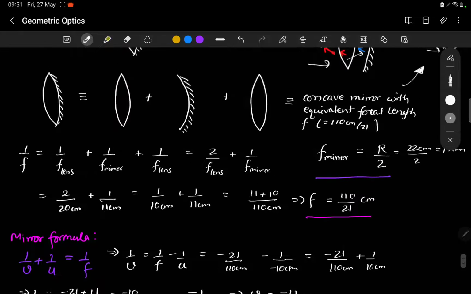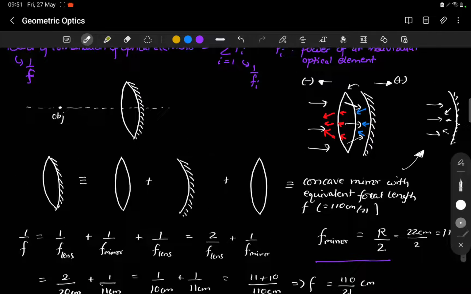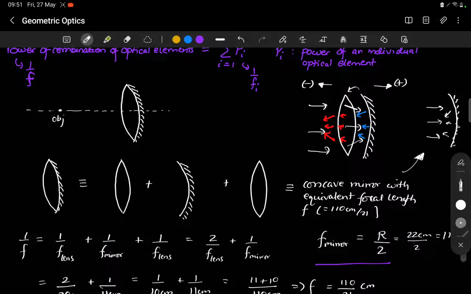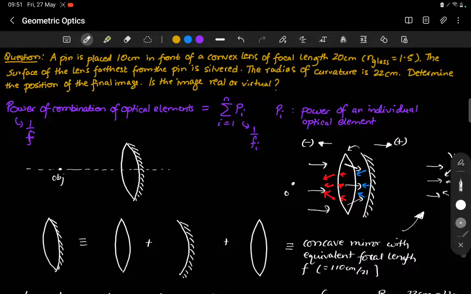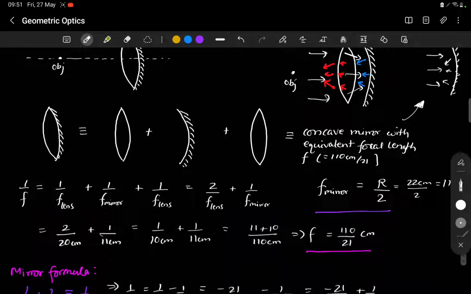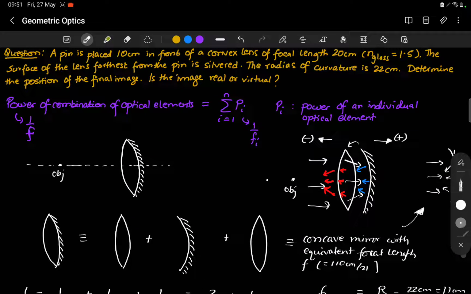So let us look at the diagram to make sure it makes sense. The image of this object, this direction is negative, so the object was here. This was our object at 10 centimeters, image is at 11 centimeters. So this is our object, somewhere here is our image.